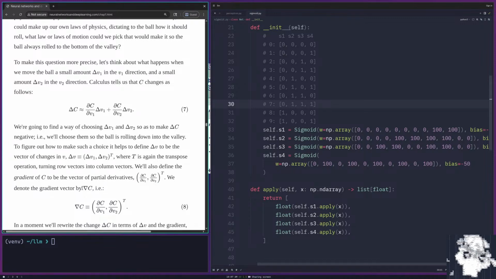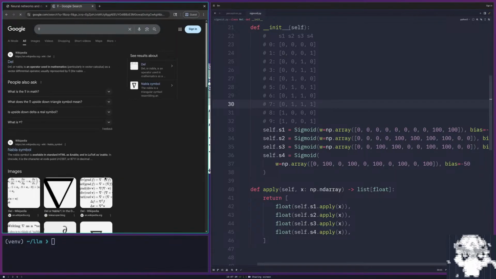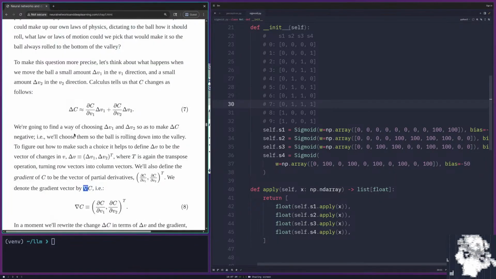We'll denote the gradient by this upside down triangle symbol. What is this symbol? Del. We'll denote the gradient vector by del of C, i.e. del of C is defined as the column vector of the derivative of C with respect to v1 and the derivative of C with respect to v2.